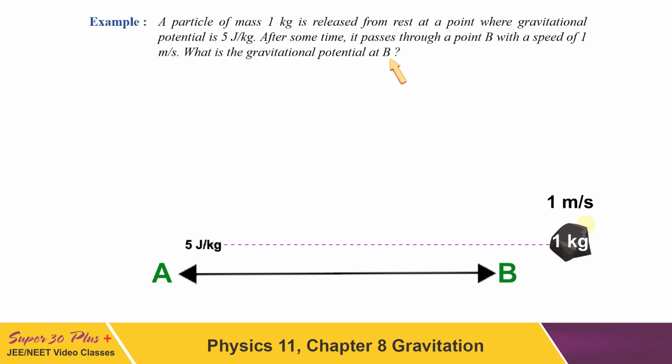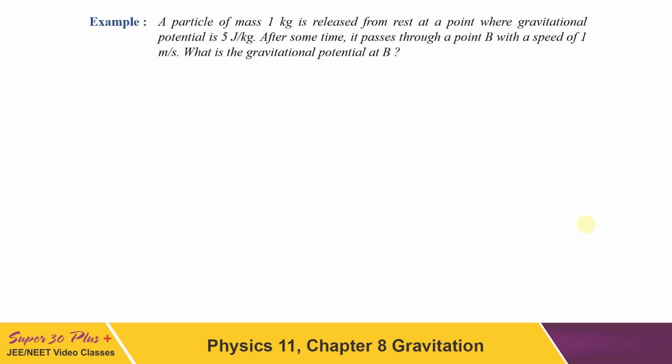See, as the particle is moving from A to B, its kinetic energy, as you can see, is increasing because it was initially at rest and now has gained a speed of 1 meter per second. So its potential energy of course must decrease, because only then mechanical energy will remain conserved.